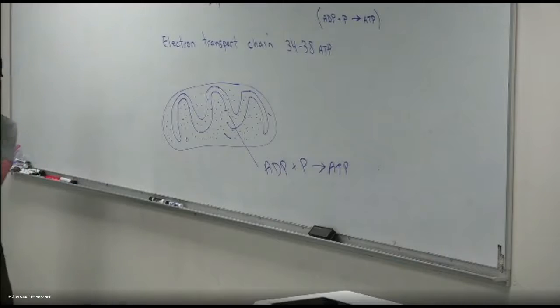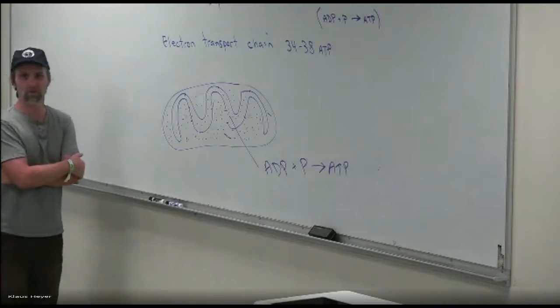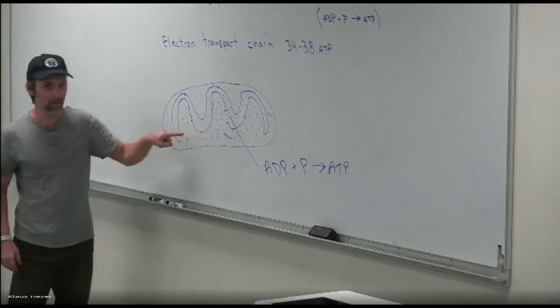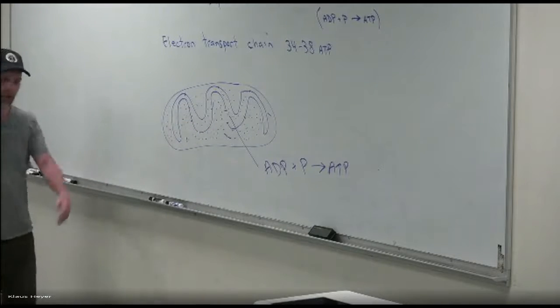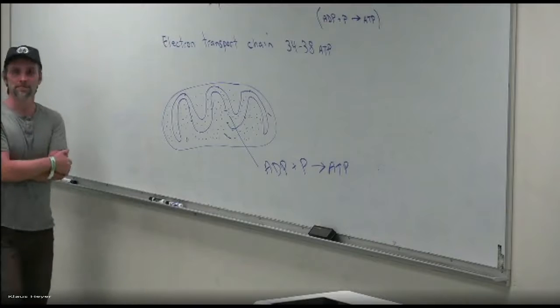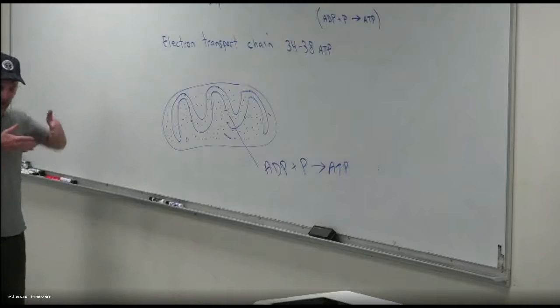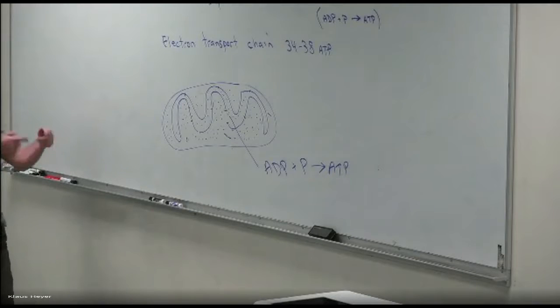So our body did active transport on purpose. We shoved all the protons out on purpose because we wanted them to flow back through. It's like we created a dam of water, and then we let the water go through the turbine to create energy. That's what your body's doing.